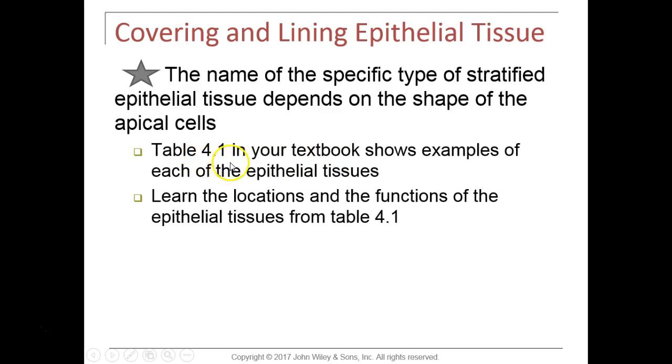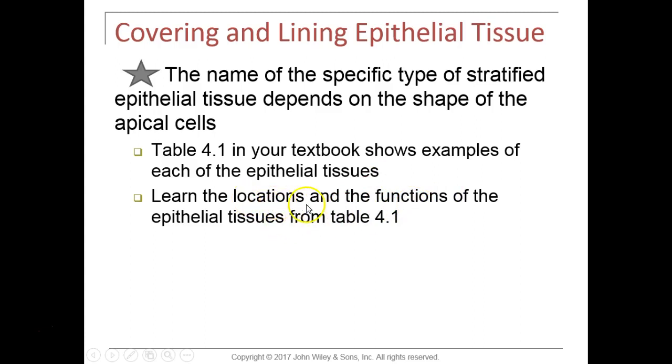Simple squamous epithelium, simple cuboidal, simple non-ciliated columnar epithelium, simple ciliated columnar epithelium, and the like. So I need you to go to this table and learn the locations and the functions of the epithelial tissues.